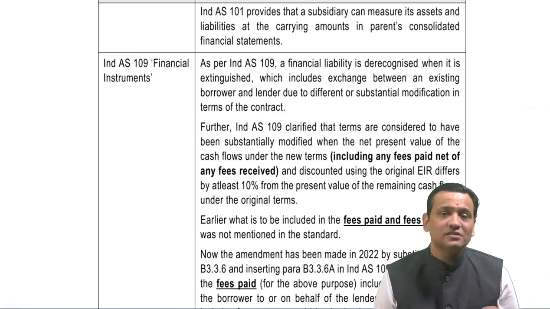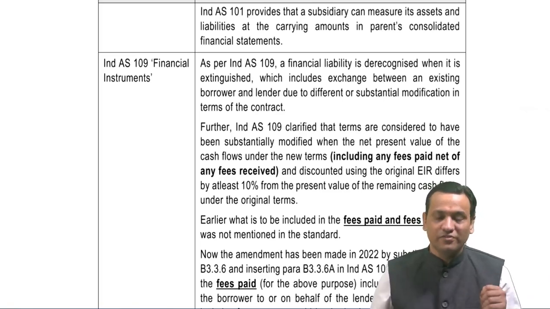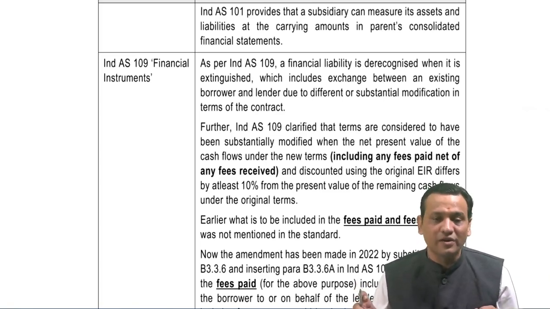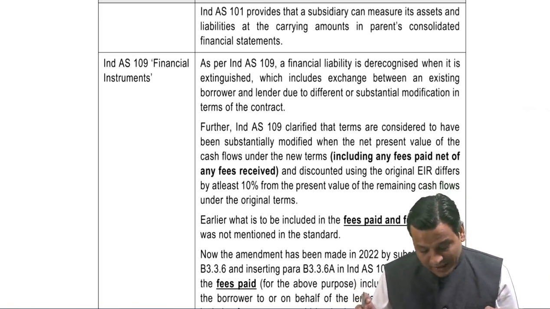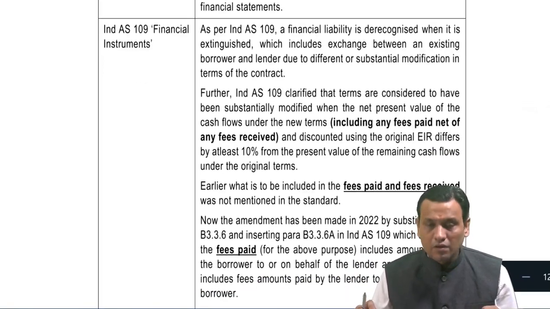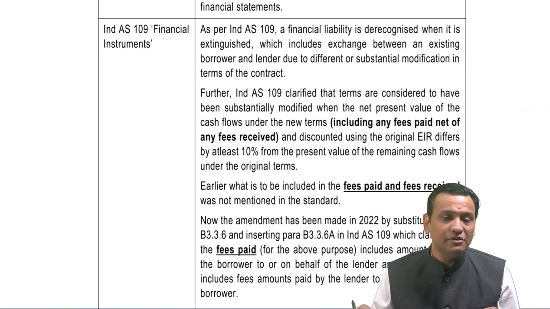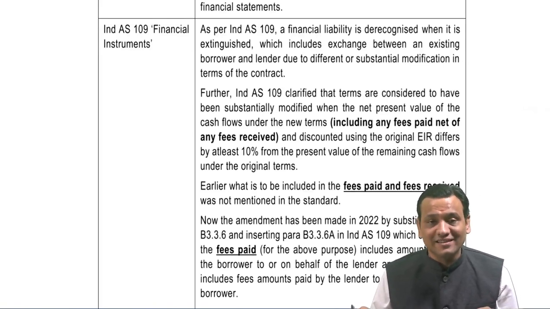But now, friends, what is the new stuff under Ind AS 109? While determining the cash flows, whether the fees paid and fees received should be included or not was not mentioned in the standard.